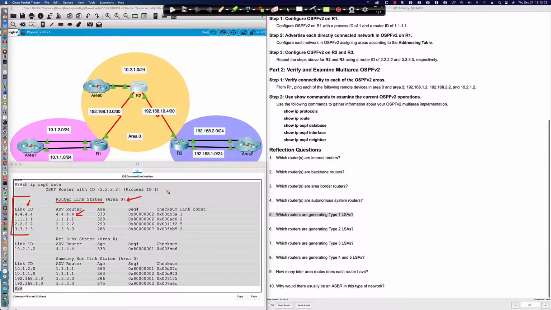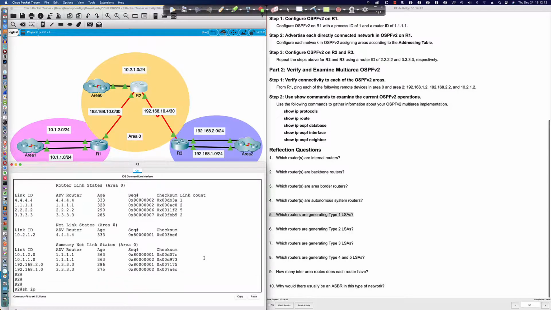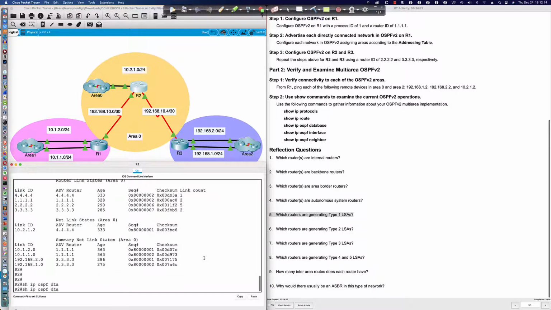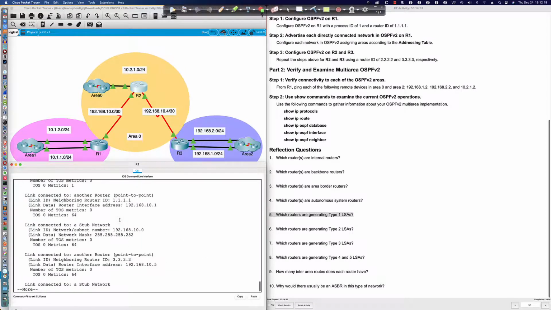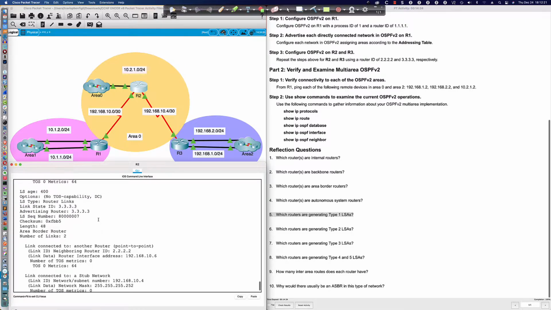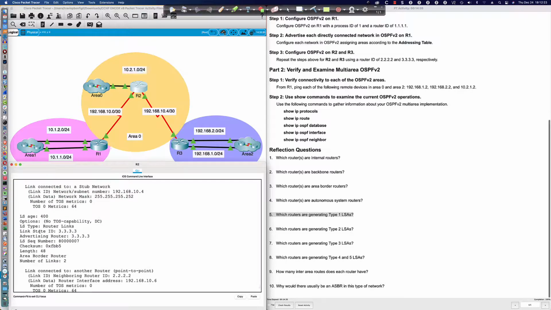And so the answer to the question is every router generates a type 1 LSA. If I was to say show IP OSPF database router, here are the type 1 LSAs that router 2 sees. And you can see who the advertising router is.